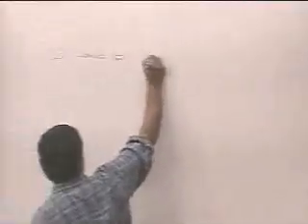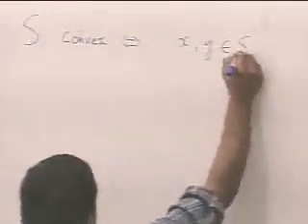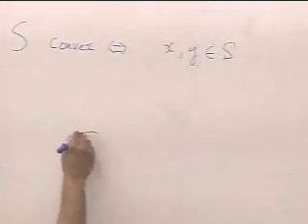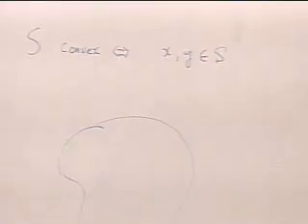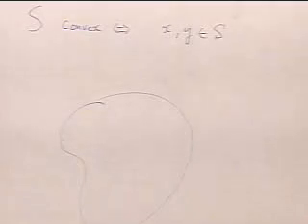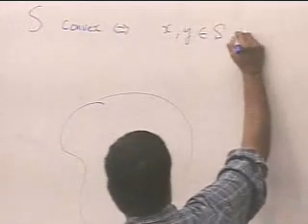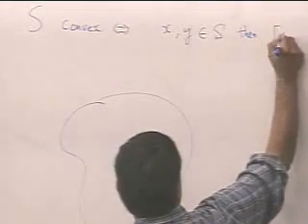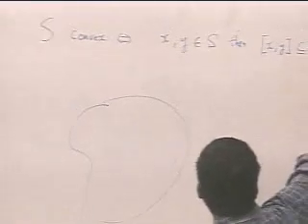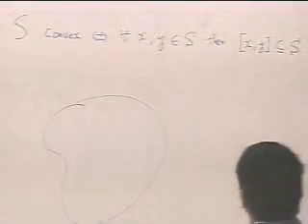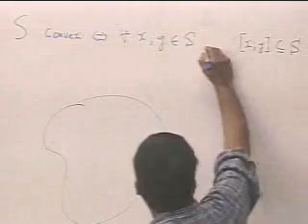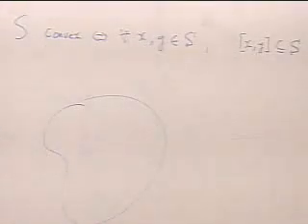You take any x and y in S. Take two points in S. So here's my set S. I want to pick any two arbitrary points in the set S, then the entire line segment xy, the line that joins x to y, is a subset of S. So for every x and y in S, this line segment is in S. If that happens, I'll call the set S convex.